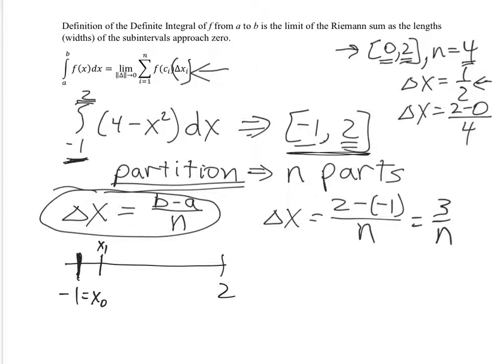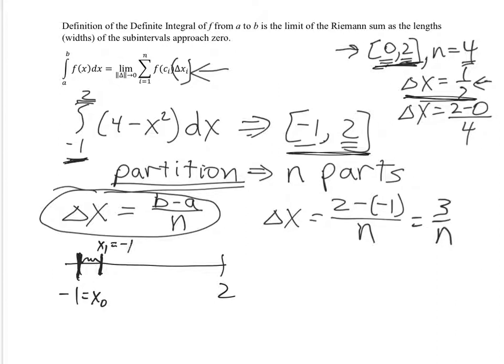How do we calculate x sub 1? Well, remember what we did on this. We started at 0. X sub 1 ended up being 1/2 because we went 0 plus the delta x. So if we do that in this partition, from -1 out to x sub 1, x sub 1 will be represented as what?